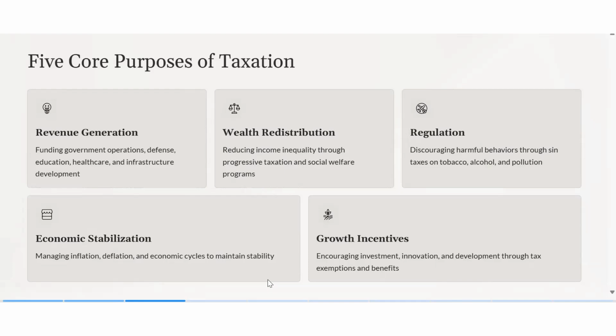Third one is regulation, discouraging harmful behavior through sin taxes on tobacco, alcohol, and pollution. Another purpose is economic stabilization, managing inflation, deflation, and economic cycle to maintain stability. Economic incentives, encouraging investment, innovations, development through tax exemptions and benefits.